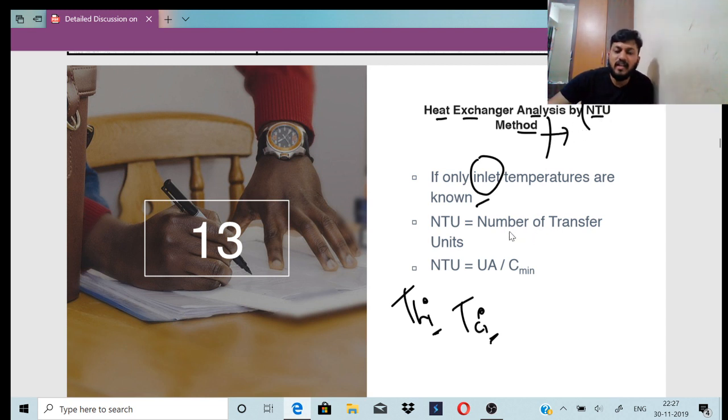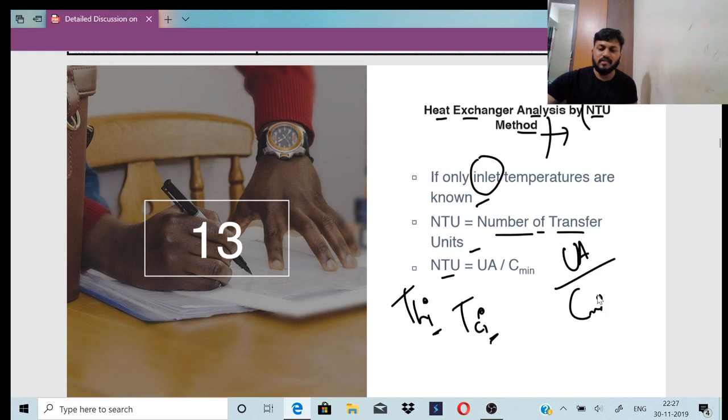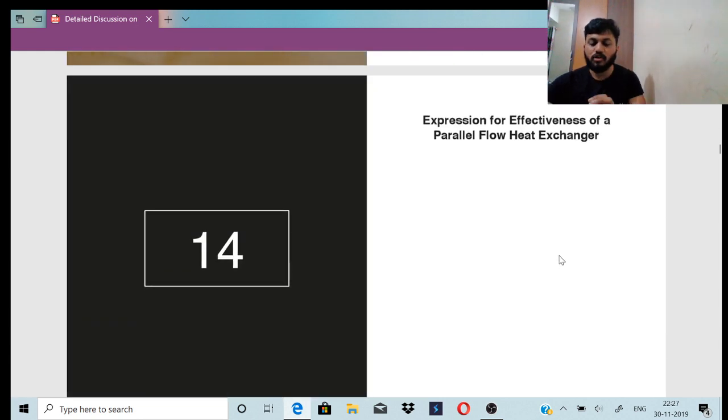What is NTU method? It is the number of transfer units, and NTU is given by the formula UA divided by C minimum. U is the overall heat transfer coefficient, A is the area, C minimum is the minimum heat capacity rate or minimum heat capacity. Let's move on to the formula now.